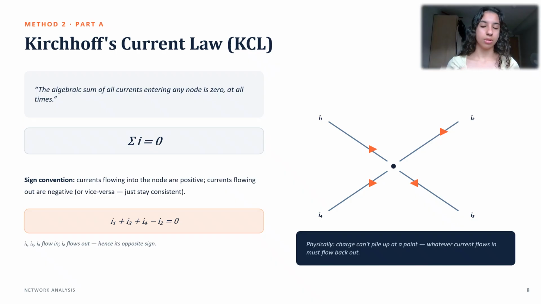That means it should equal 0, okay? So technically, where you get a node, the total current going towards that node should be equal to the total current going outwards. Which should make sense, okay? The sum of currents should be 0.